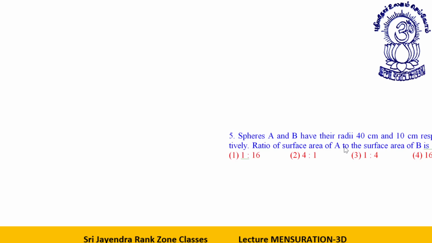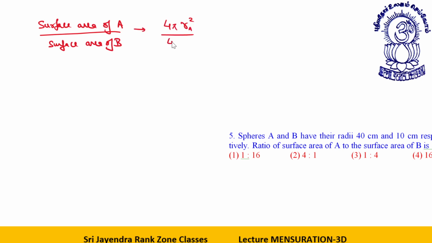Spheres A and B have their radii 4 and 1 respectively. The ratio of their surface area of A to surface area of B is? Surface area of A divided by surface area of B. That will be what? 4 pi rA square by 4 pi rB square.